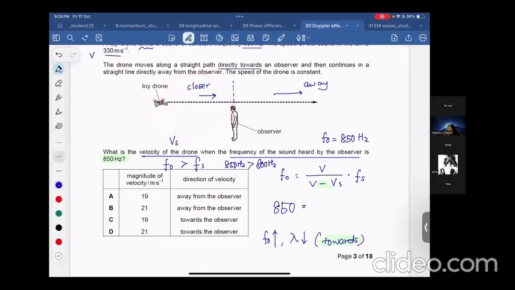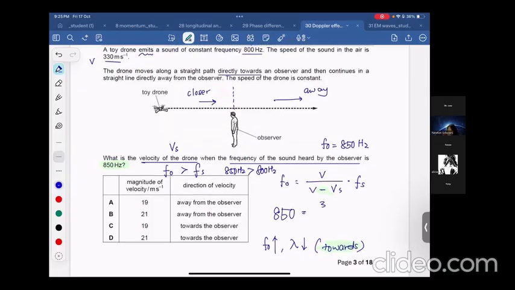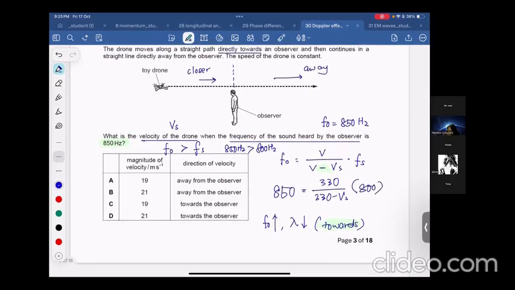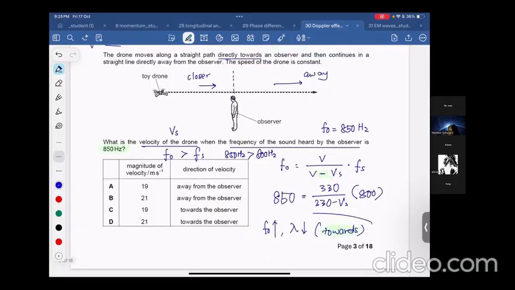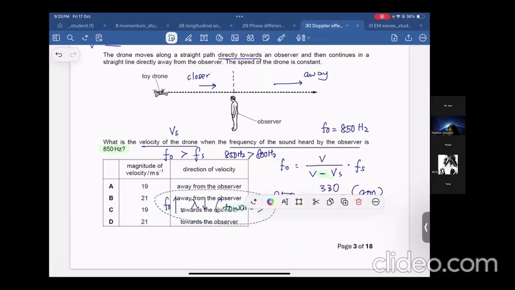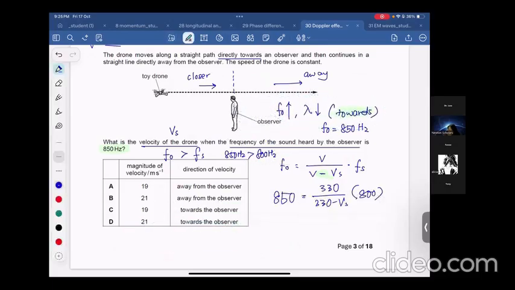Okay, so here, what is our V? V is 330, so 330 minus your source Vs, which we don't know, times the frequency of the source, 800. So can you calculate for me, what is your Vs?